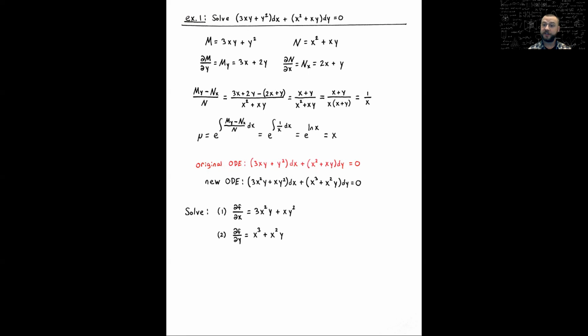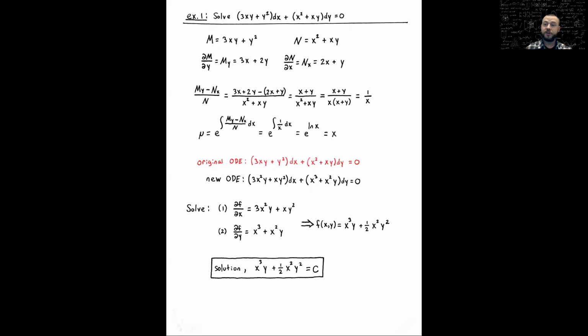This is actually straightforward compared to some of the examples from the previous lecture. So I'll leave it to you to solve that. What you should get at the end is your f of x and y as x cubed y plus 1/2 x squared y squared.